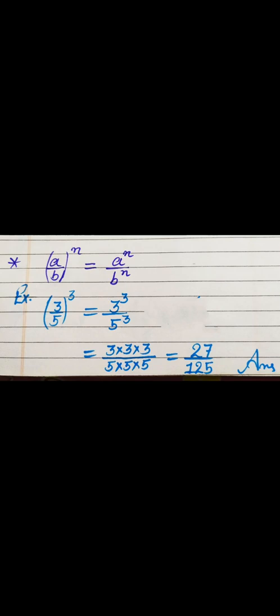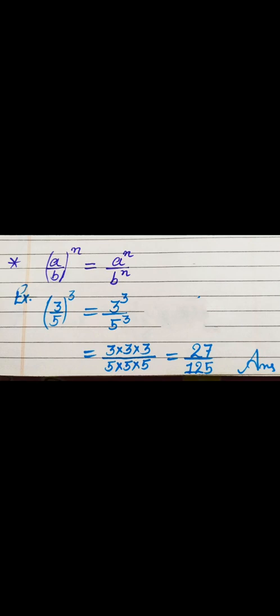As the example, here it is 3 upon 5 to the whole power 3, which can be written as 3 to the power 3 upon 5 to the power 3. Now we will expand this: 3 into 3 into 3 in the numerator and 5 into 5 into 5 in the denominator. When you multiply this, you will get 27 upon 125.